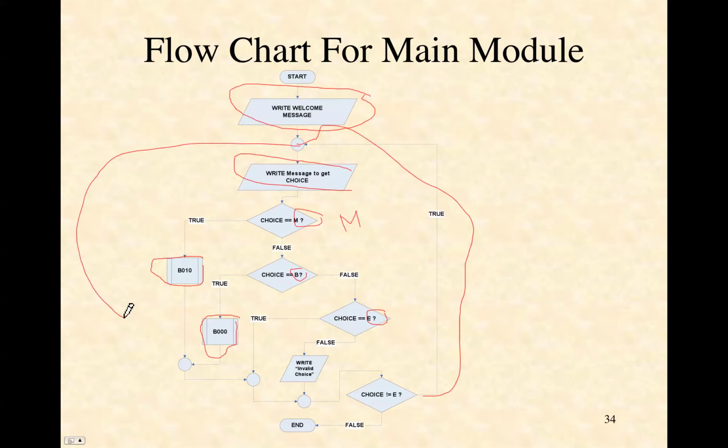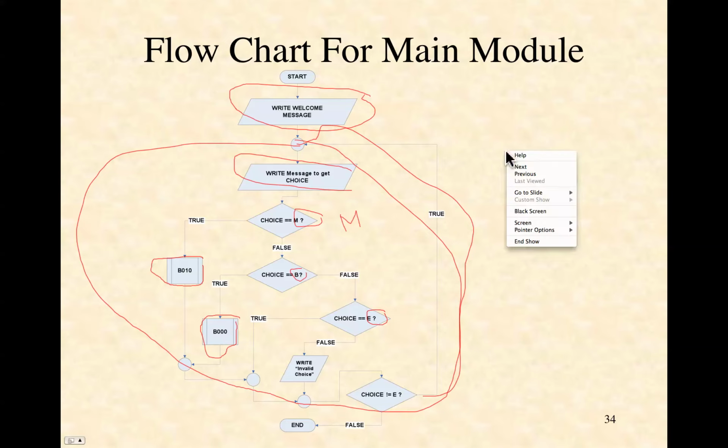So this piece of the code here lays inside the loop, and the false part of choice equals E is that we write that, hey, it's invalid choice. Notice true part of choice equals E does nothing. Again, this was one way to do it. I've done it a little differently in JavaScript because the alternate way was easier to do. So this is my do while loop here.